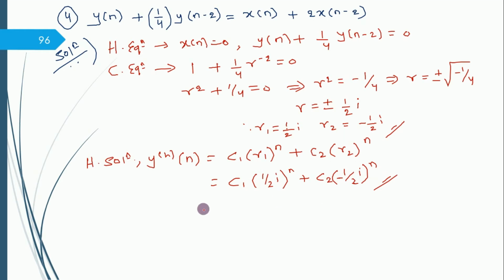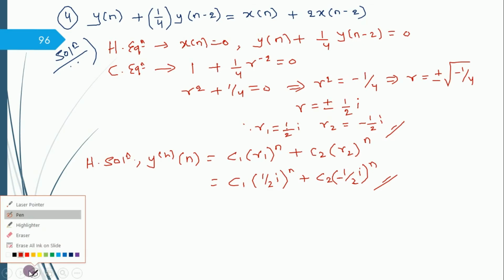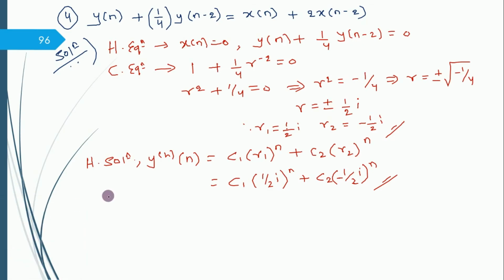In one of the GATE questions, a similar kind of question appeared, and in the options this solution was not given. Rather, there was one more solution given like this: c1 (1 by 2 e raised to j pi by 2) raised to n plus c2 (1 by 2 e raised to minus j pi by 2) raised to n. This is how the solution was given.